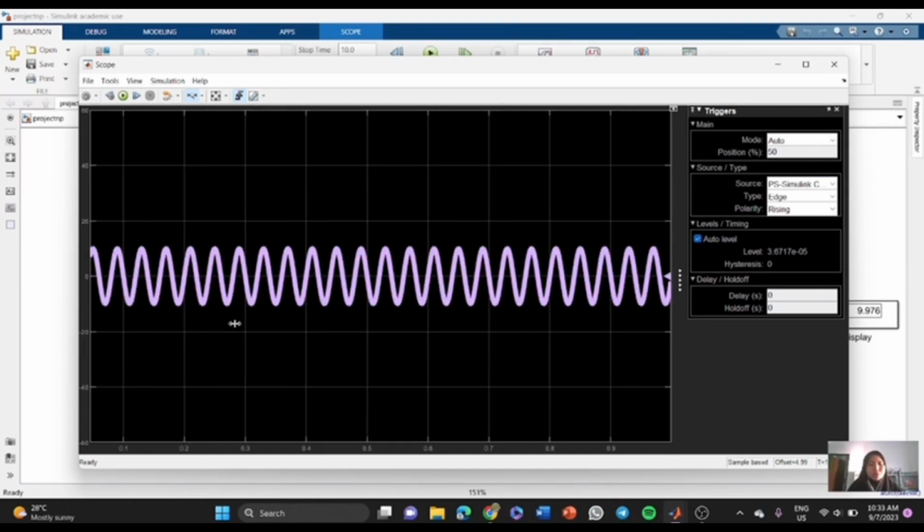This is our output graph for 10 volt. The y-axis is voltage, and the x-axis is time.